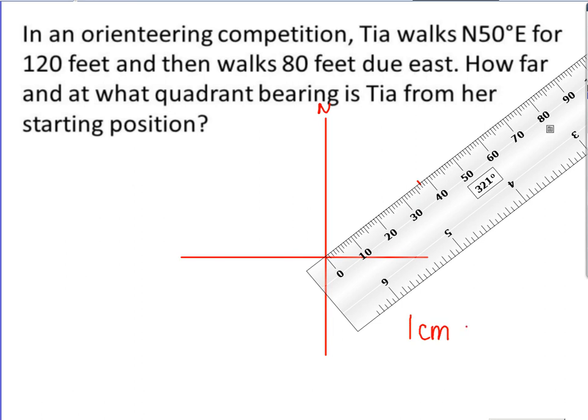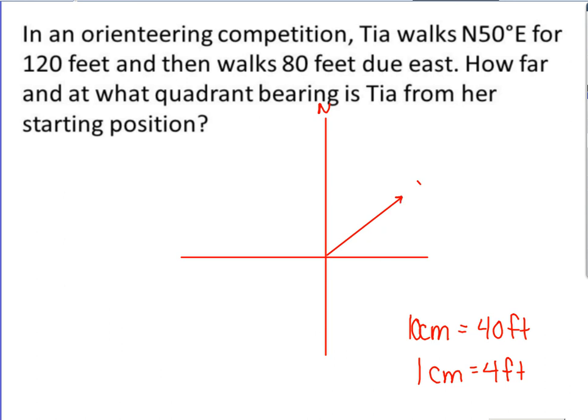For my case, I'm going to do 10 centimeters is equal to 40 feet, or 1 centimeter is equal to 4 feet. 4 goes into 120 30 times, so I need to measure out to 30 centimeters. Again, your scale is going to have to be different so it can fit on your paper.